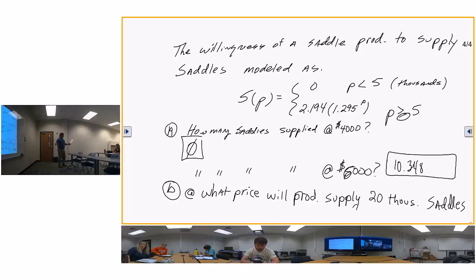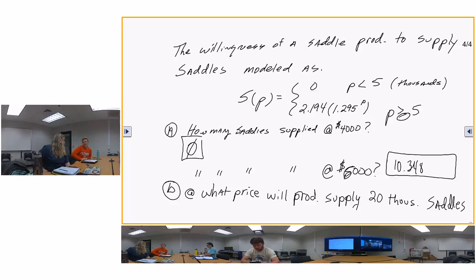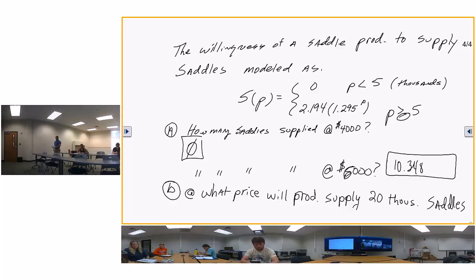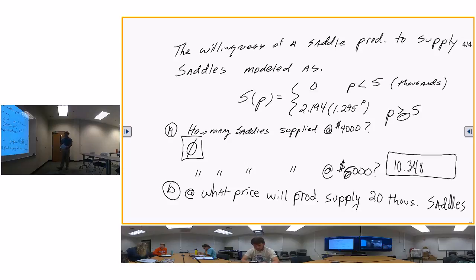It's going to be higher. So trace that line and find 20,000. Now is 20,000 going to be Y or X? 20,000 is going to be Y, because your X is your price.